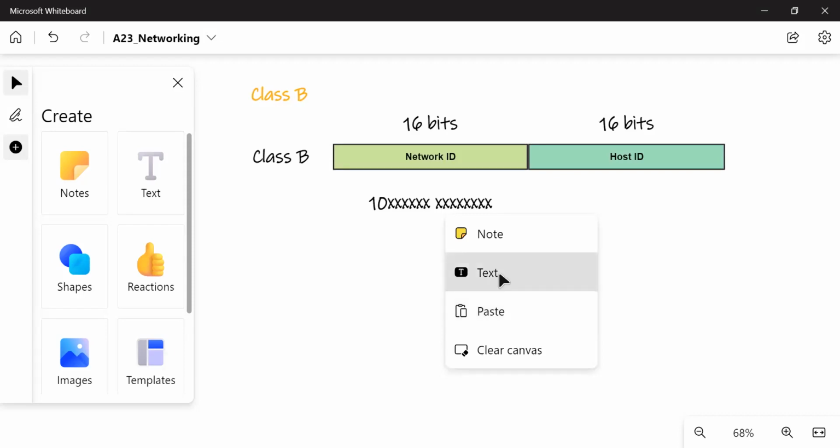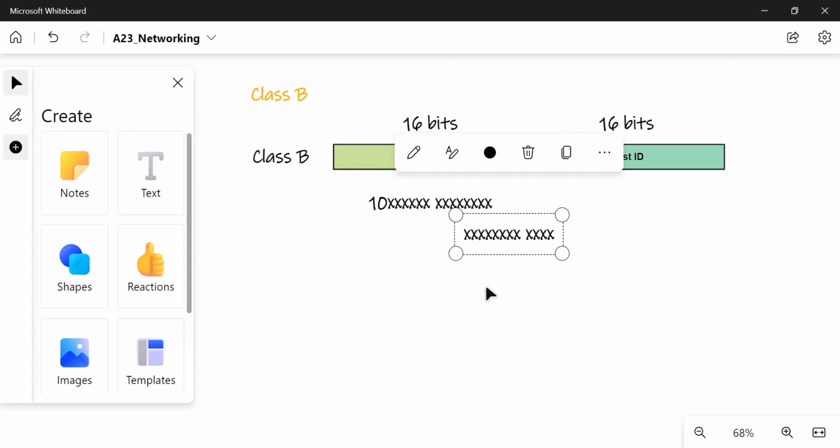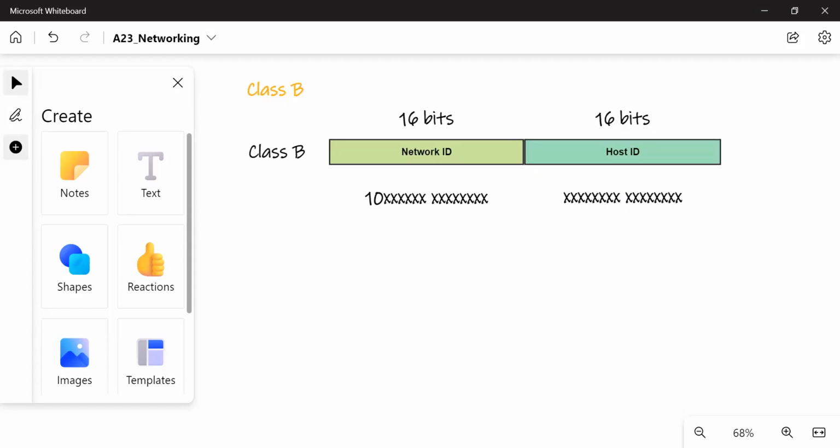Now, the remaining 16 bits we will use for the host ID, meaning the bits we are going to allocate for the hosts. So this is the first thing that we need to discuss.